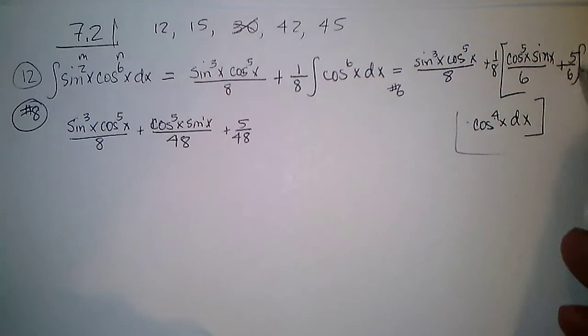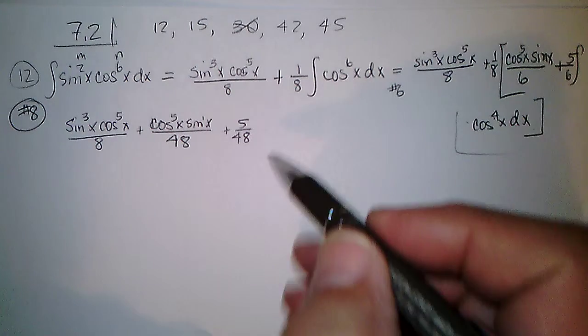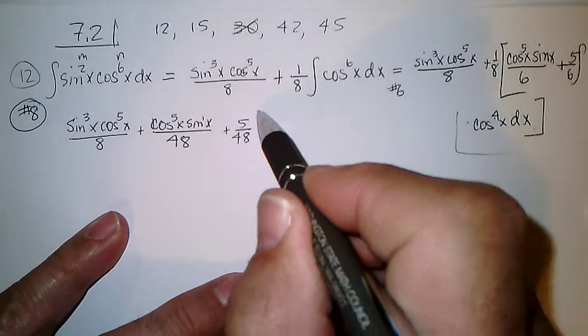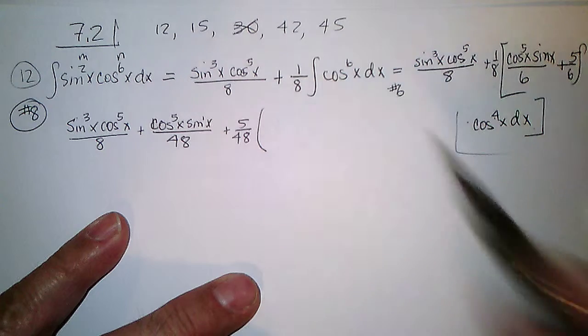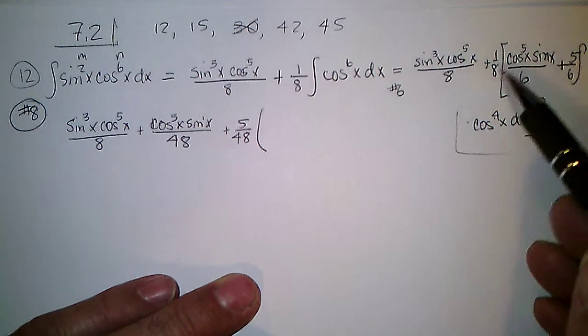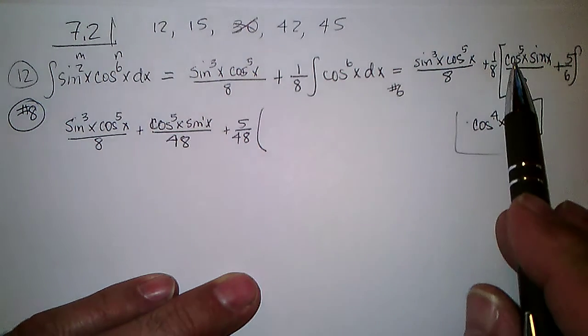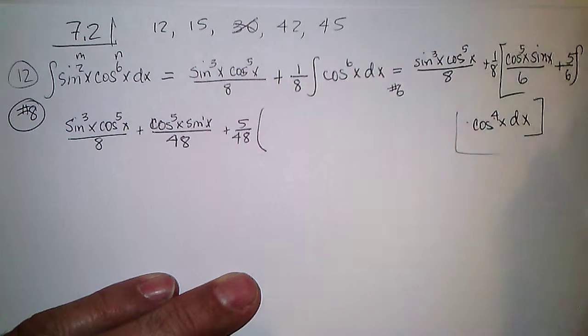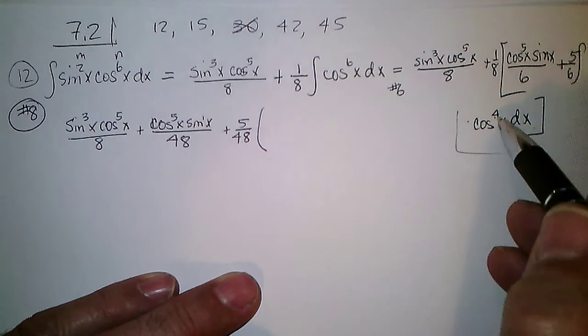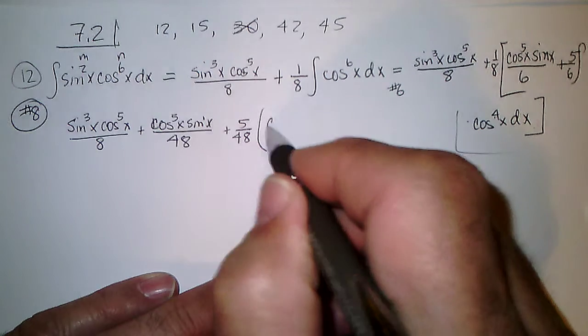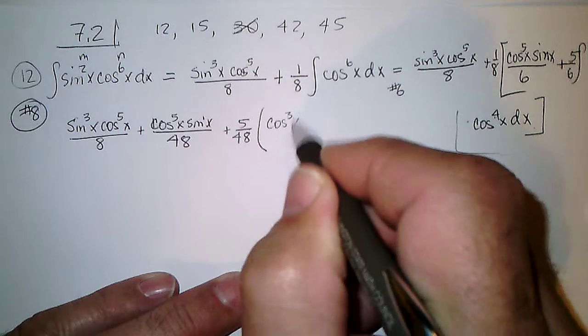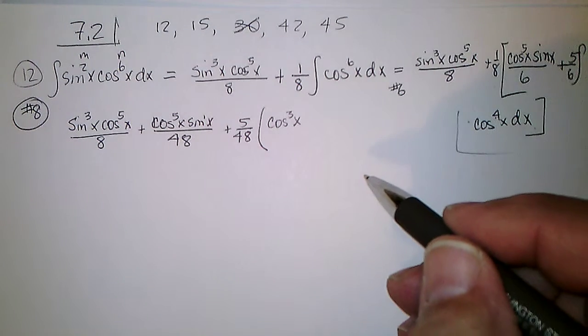And then I've got the integral of cosine of 4x, and I'm going to use the reduction formula once again. So it lowered the cosine power by 1 and put a sine x in. So 4 to 3, so it's going to be cosine 3x. We'll check the formula real quickly.